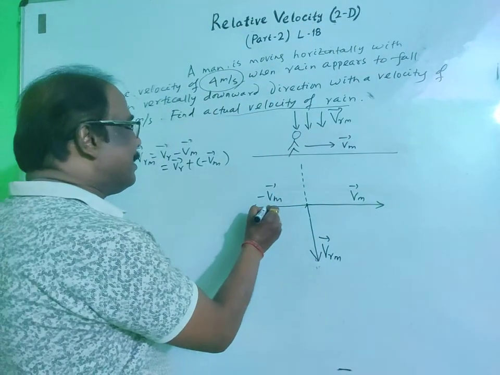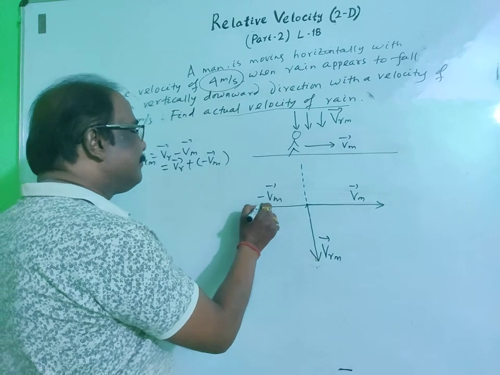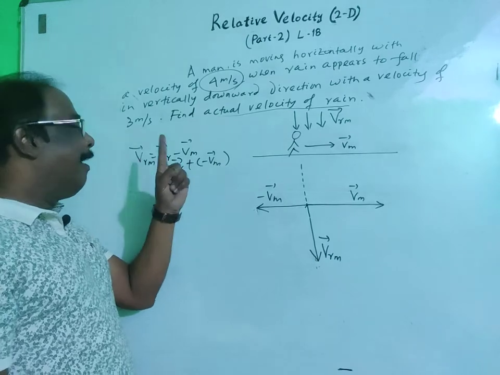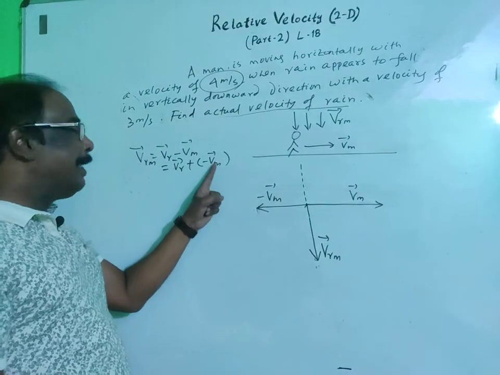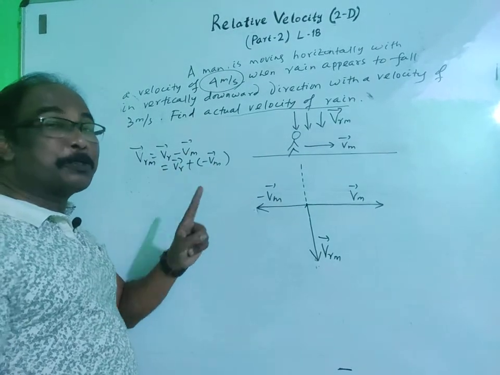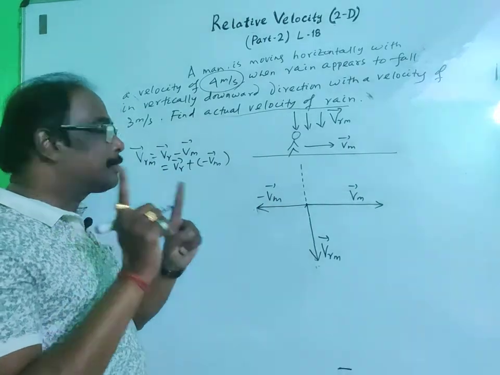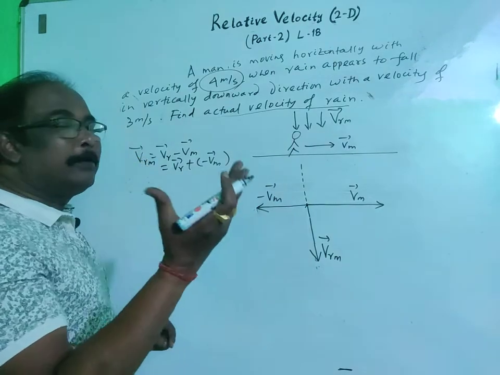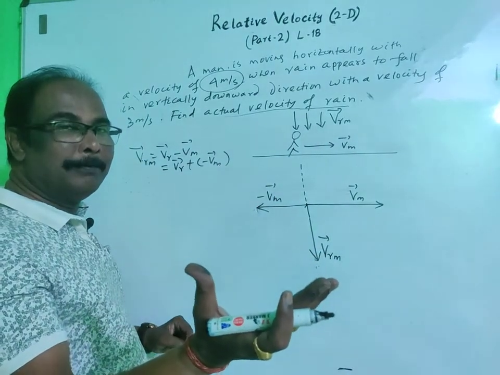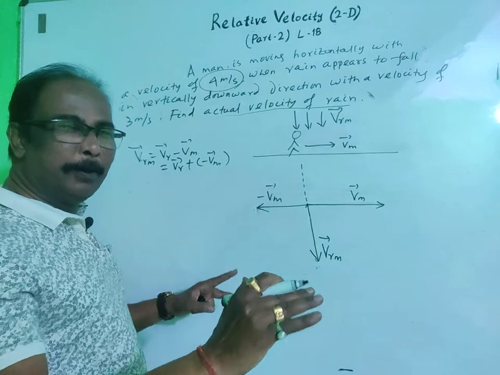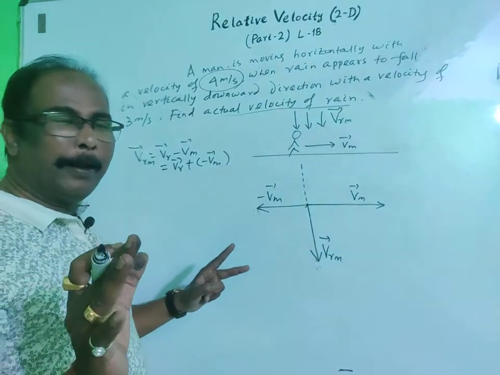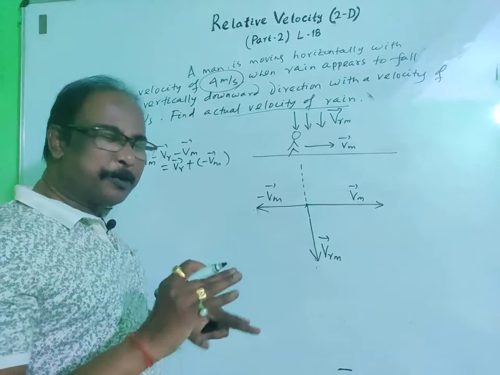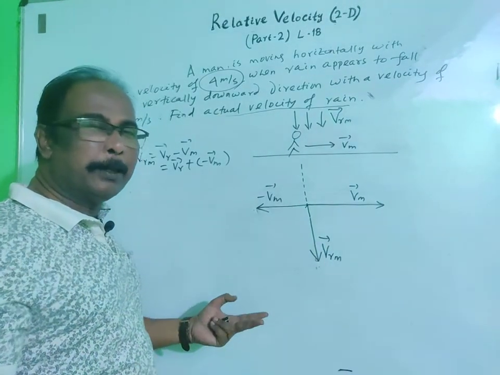See, if you are taking parallelogram law, then minus Vm and Vr should be along two adjacent sides of the parallelogram, and Vrm is a diagonal of the parallelogram. The simplest way. Also, I will show you taking orthogonal unit vectors i cap, j cap and k cap. See different methods so that your concept will be clarified.